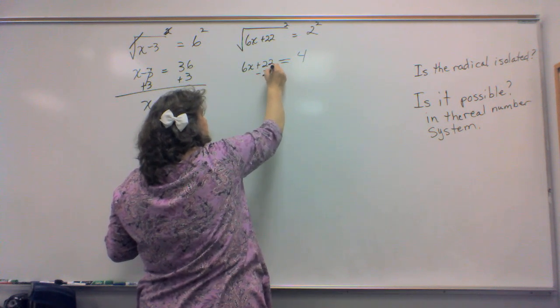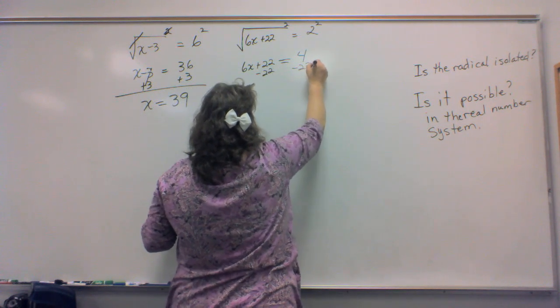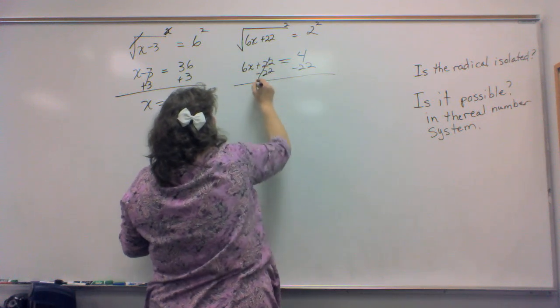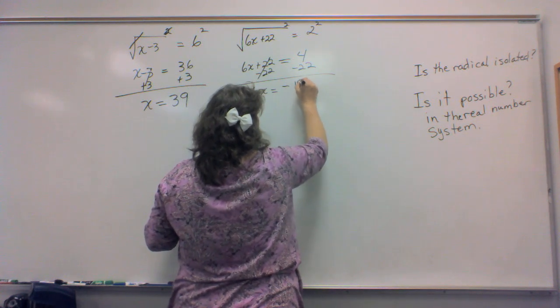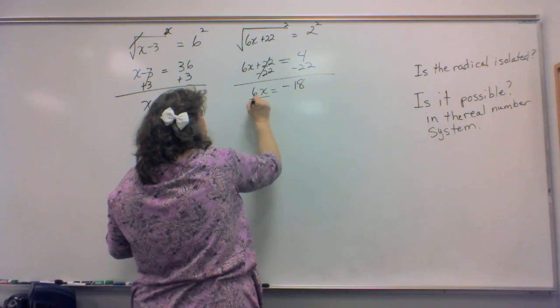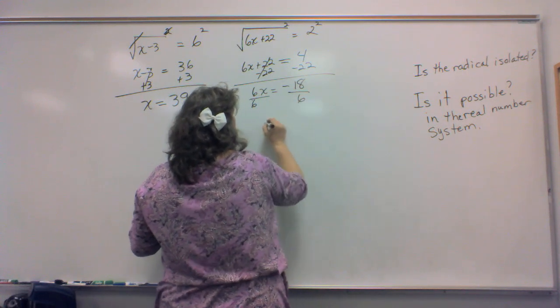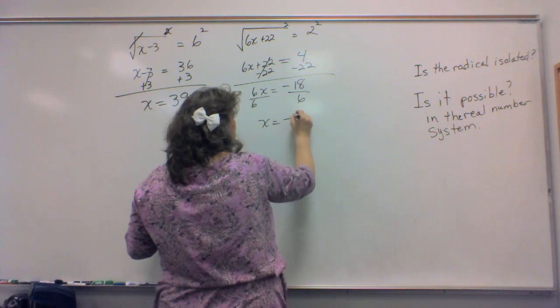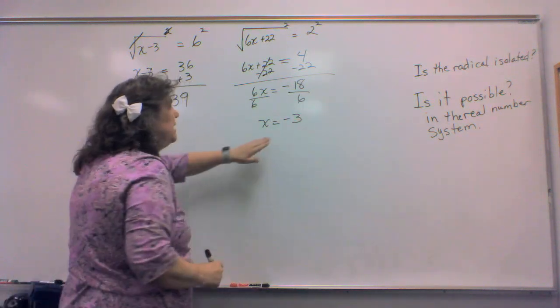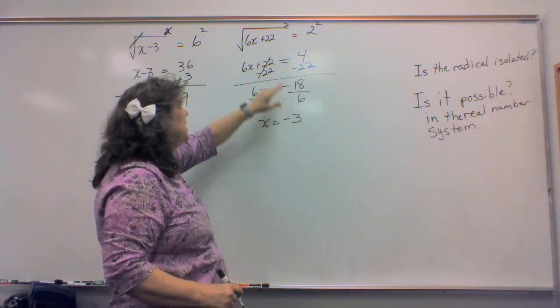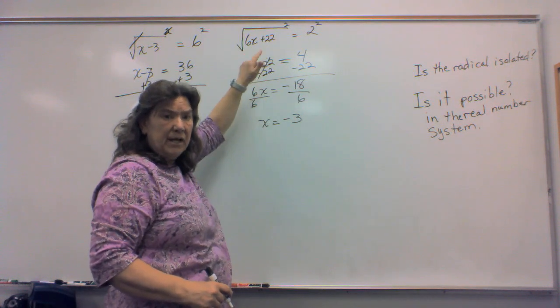Subtract 22 from both sides, and I end up with 6x equal to negative 18. Divide by 6, and x is equal to negative 3. Okay? A lot of times this kind of throws you. You got a negative. How can a negative go underneath the square root?